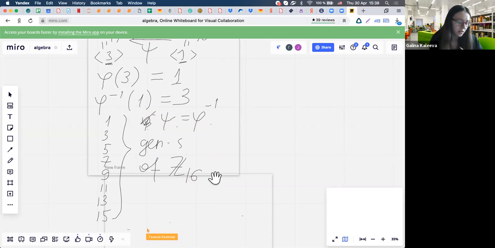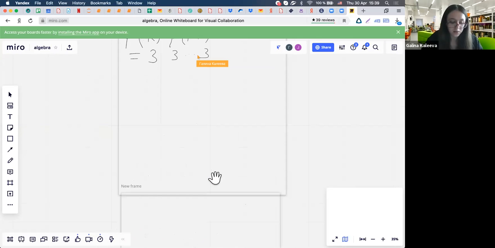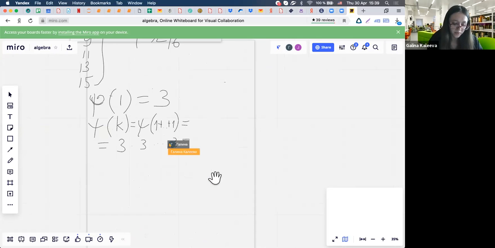It takes the 1 and moves it into 3. And for every other element k, it's psi of 1 plus 1, k times, which goes to 3 by 3 by 3, k times, because it's an isomorphism. And it's equal to 3 to the k's power. So for every element k in our additive group, psi of k is 3 to the k's power.